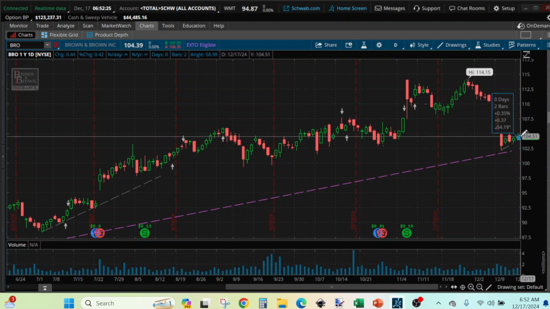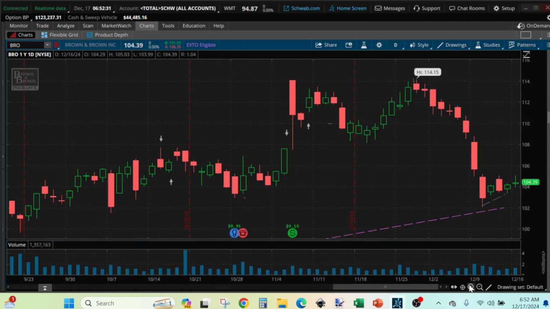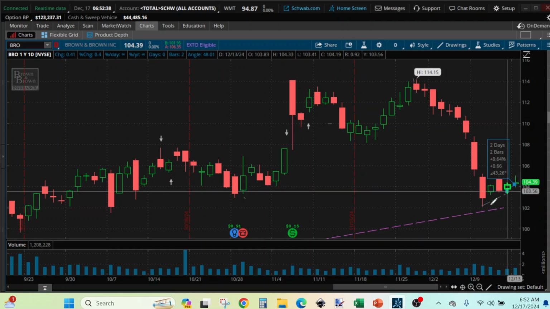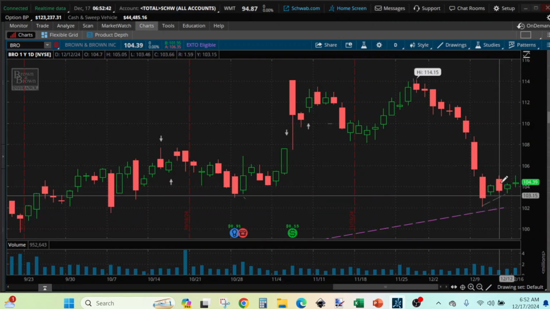In this case, it was not intentional though. We just tried to buy at that green bar, and it didn't happen, and then we tried on this one, but it was not really intentional. It was just based on when we saw it.